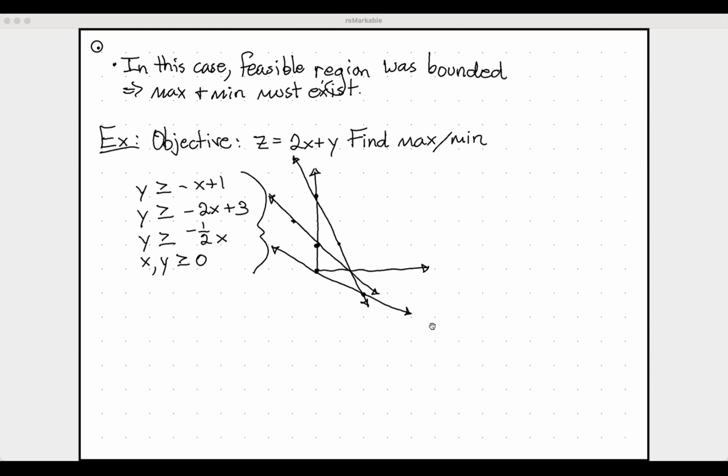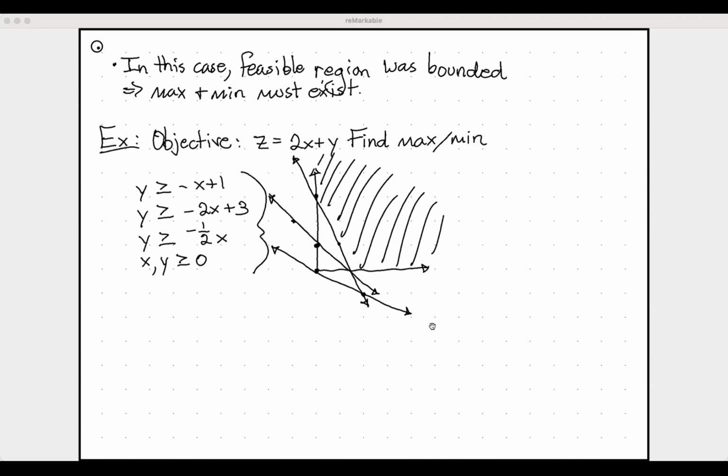Okay, so if we look at the direction of all these inequalities, we're looking for y values that are above every single line. So that's going to be all this stuff out here, right? Also, my points have to be positive, so things will stop at the x and y axes here because x and y must be greater than or equal to 0.